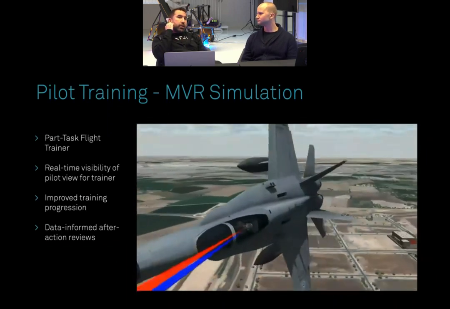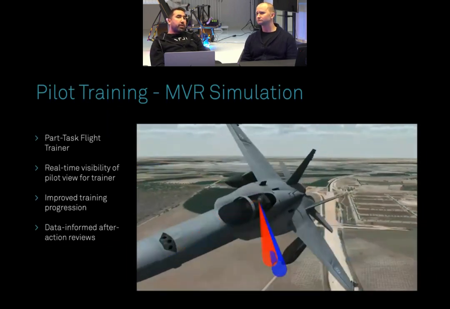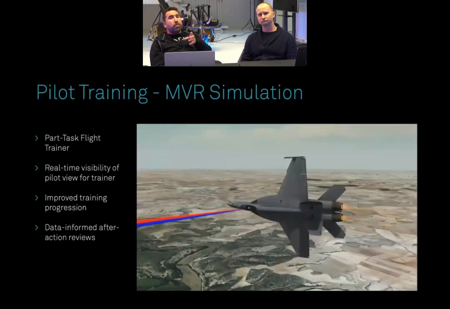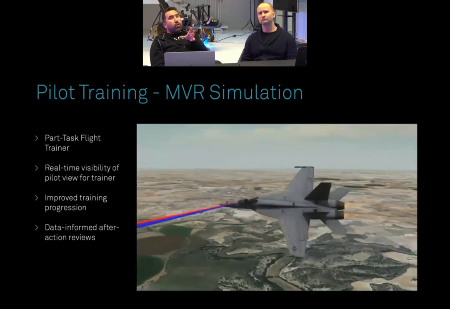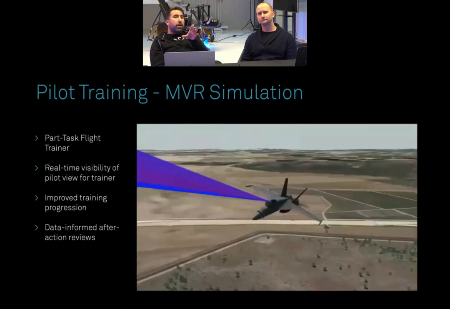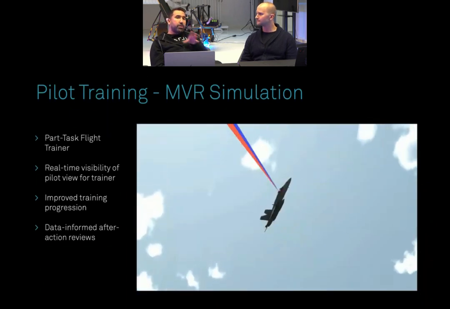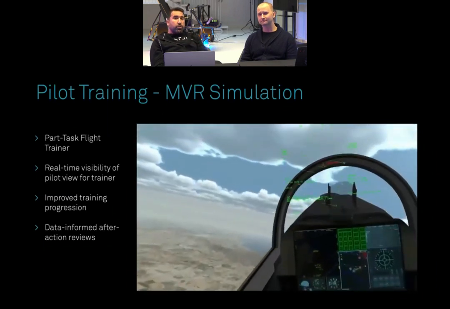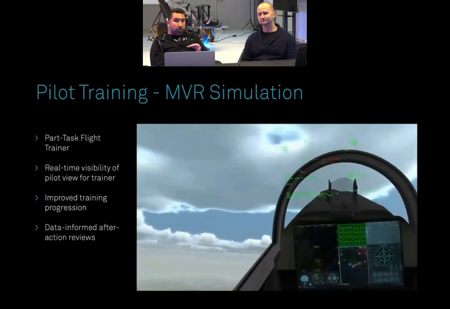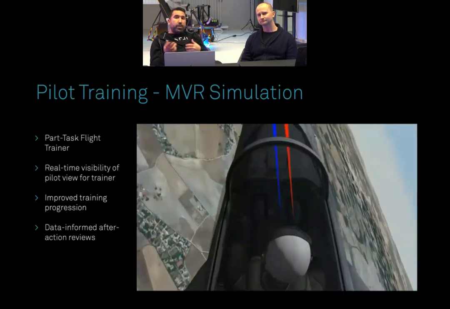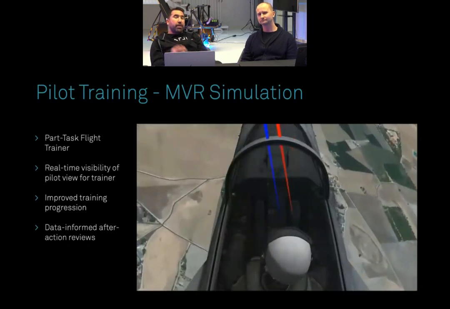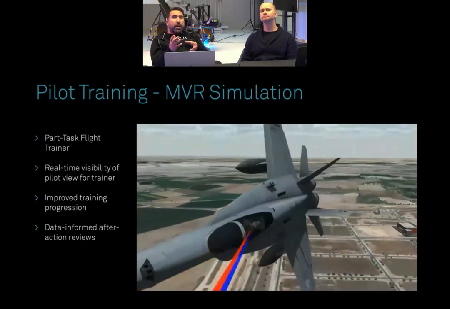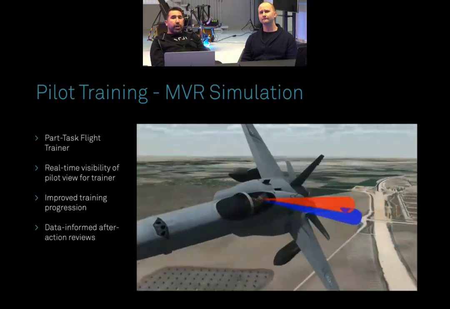In VR simulation, they developed this part task flight trainer, where the real-time eye and head movements of the trainees are visible to the instructor, so that the instructor can review the trainee's real-time performance and talk about it in a quantitative way rather than a subjective way.